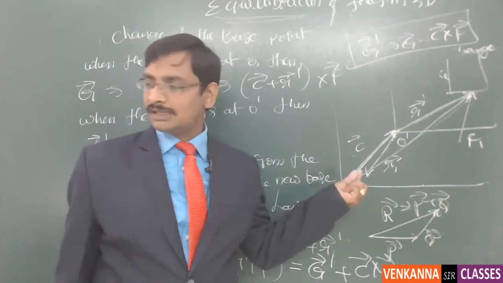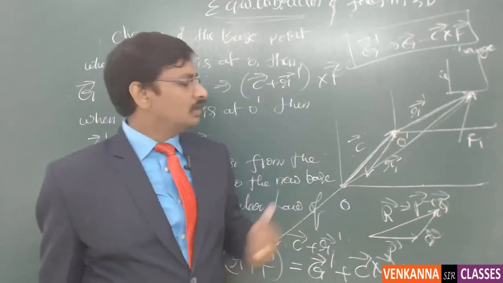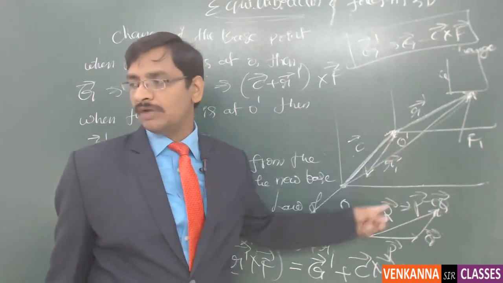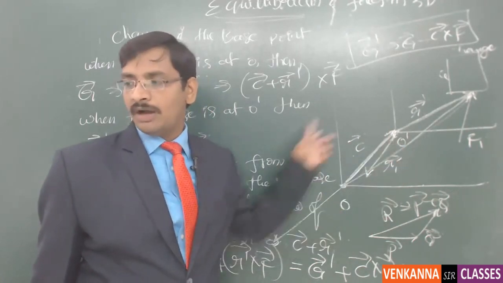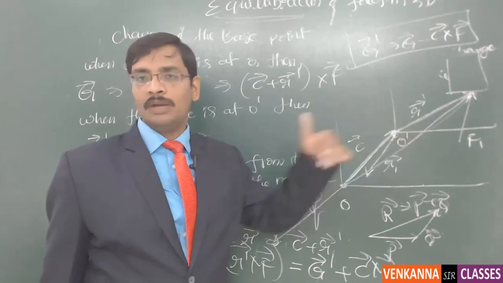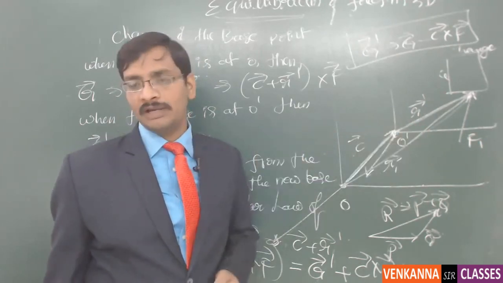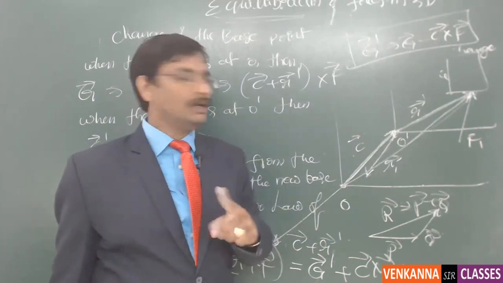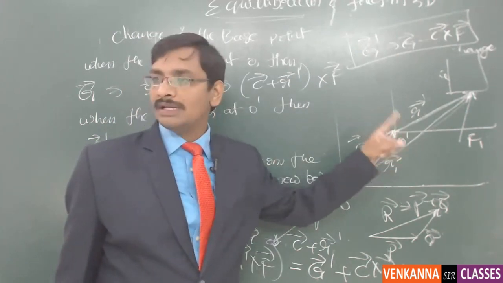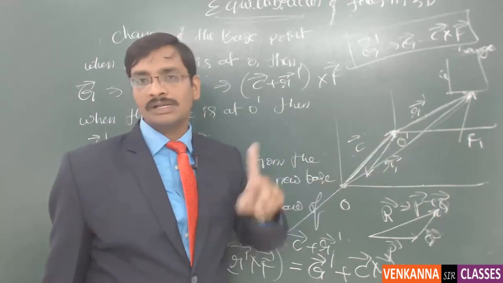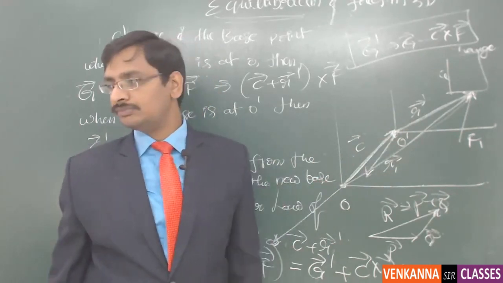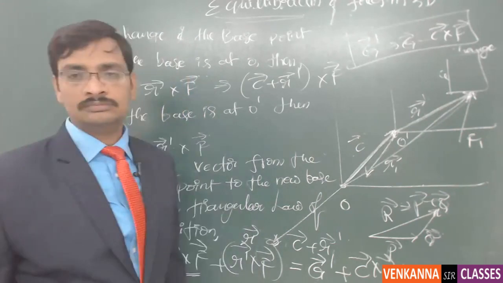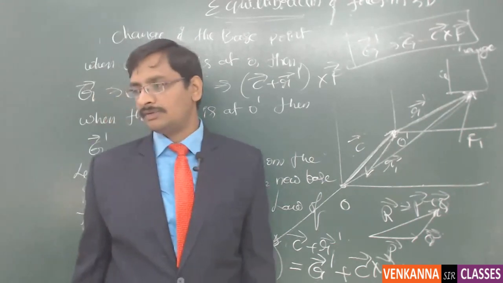If there is a resultant force acting in this direction, then by changing the base point to different locations, maybe on the plane, maybe outside the plane, maybe anywhere in space, you can identify at least one point such that the resultant moment is exactly parallel to the resultant force. Can I say that?